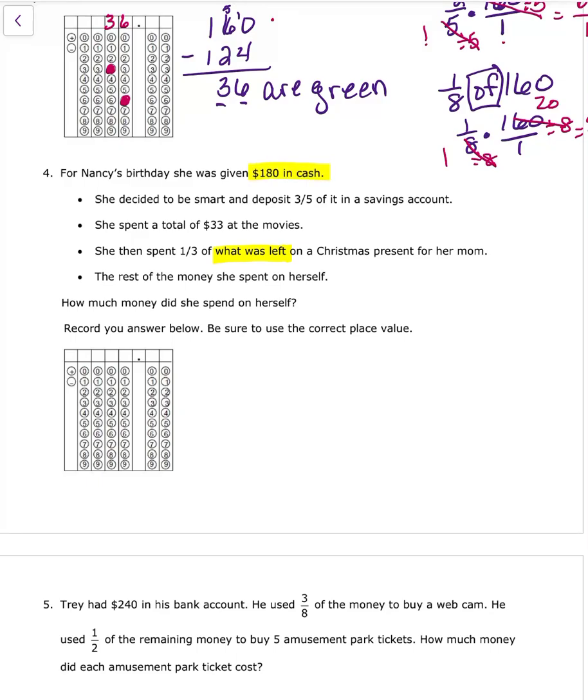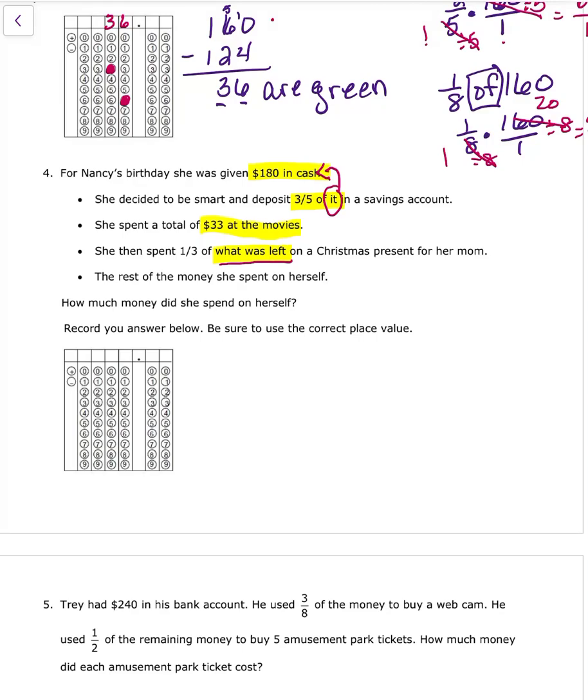So we have to be careful of that. Now, how much she deposited? She said 3/5 of it. That it is talking about the $180 in cash. She spent $33 at the movies and then a third of what was left. So when we come down here, we're going to have to figure out how much money she had left before we can take a third of it. Okay? All right, so let's go ahead and get started.